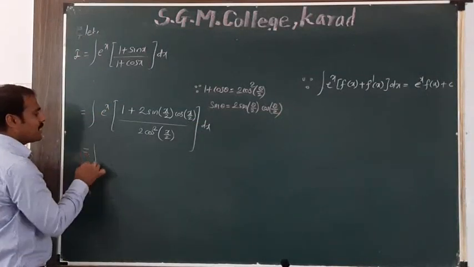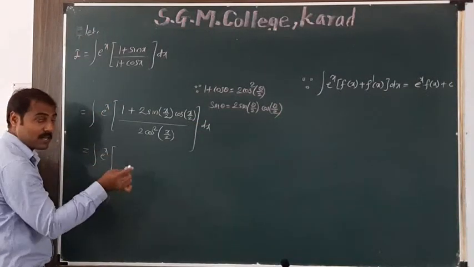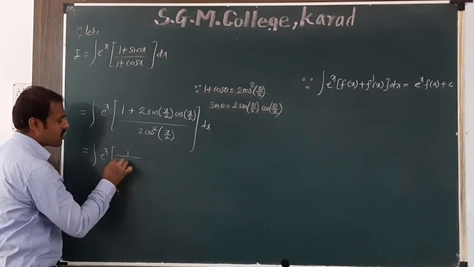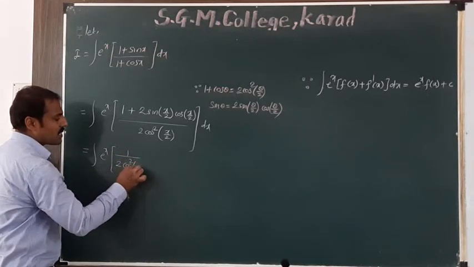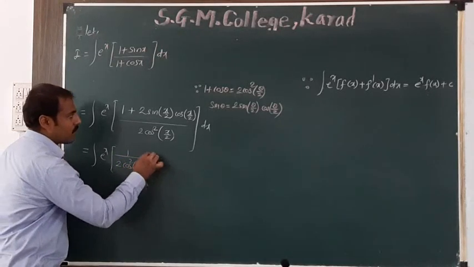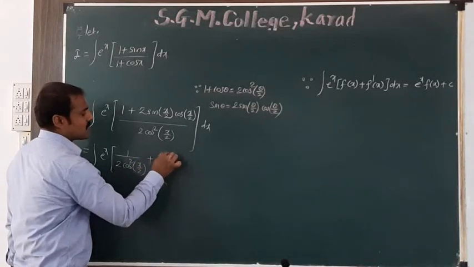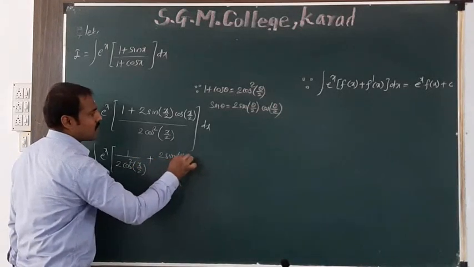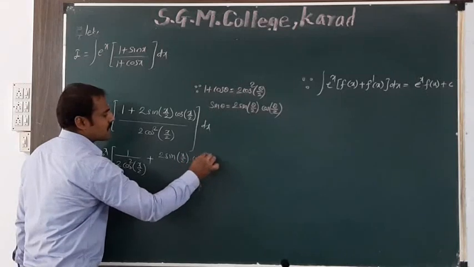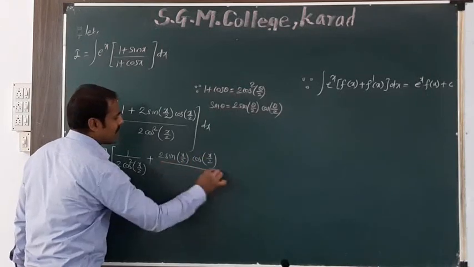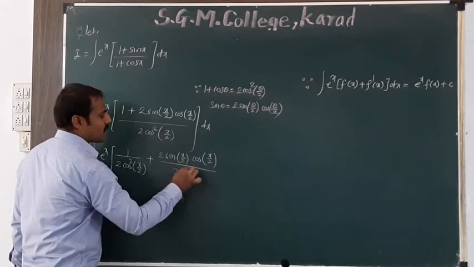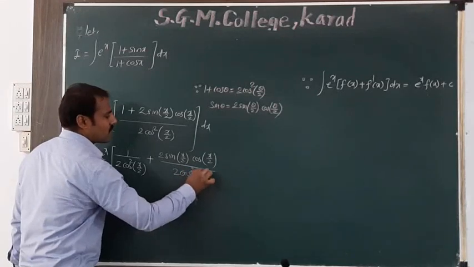On separating the denominator, this looks like 1 upon 2 cos square x by 2 plus 2 sin x by 2 into cos x by 2 divided by 2 cos square x by 2.